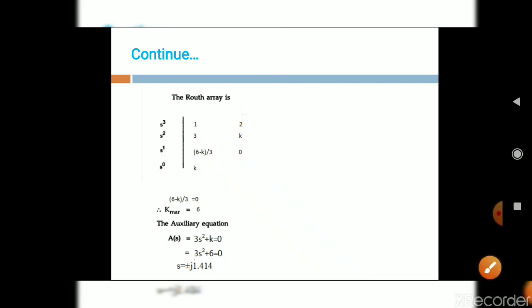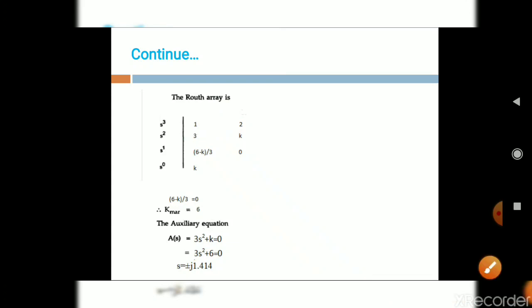In this way you can represent the characteristic equation in Routh array form. The first term is 1, the third term is 2, the second term is 3, and the fourth term is k. Now how to solve this Routh array? 3 into 2 is 6, minus 1 into k, divided by 3.